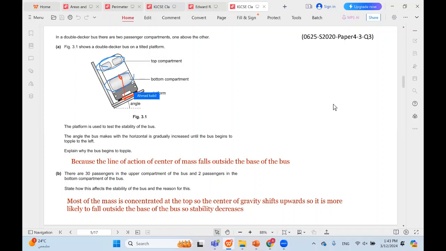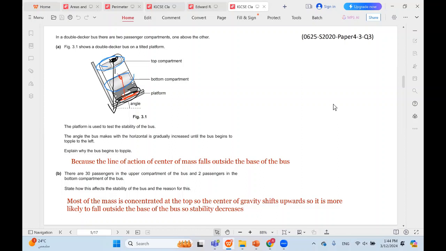The center of mass is a representation of where most of the mass is concentrated. So it starts to gradually rise up until it reaches somewhere here. Now, the problem with concentrating the mass in this area is that the weight will fall again outside of the base of the bus. So therefore, it will be unstable and it will be likely to topple.